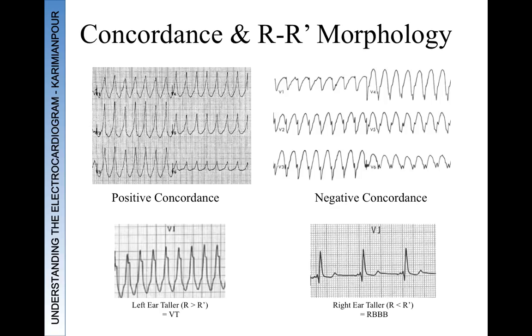If you have a wide complex tachyarrhythmia, and it's irregular, you should always think that this is atrial fibrillation with either a left bundle or with aberrant conduction, meaning that there's aberrancy and no good, succinct conduction through the normal conduction system.